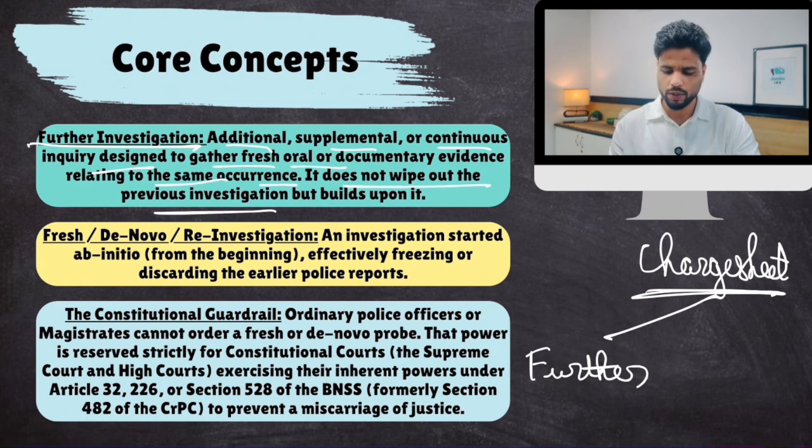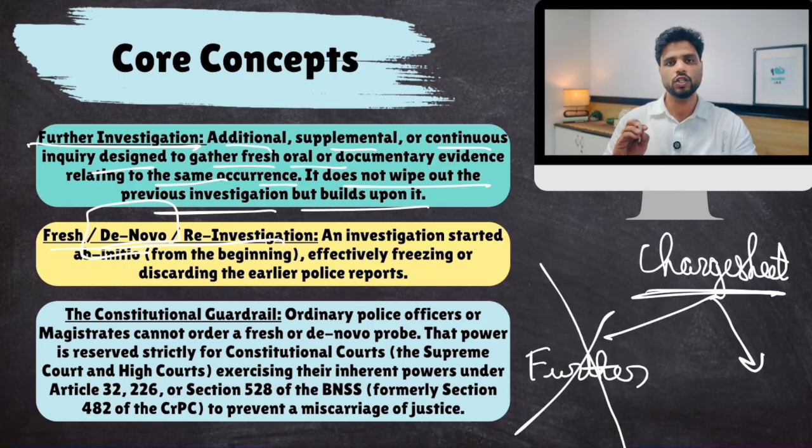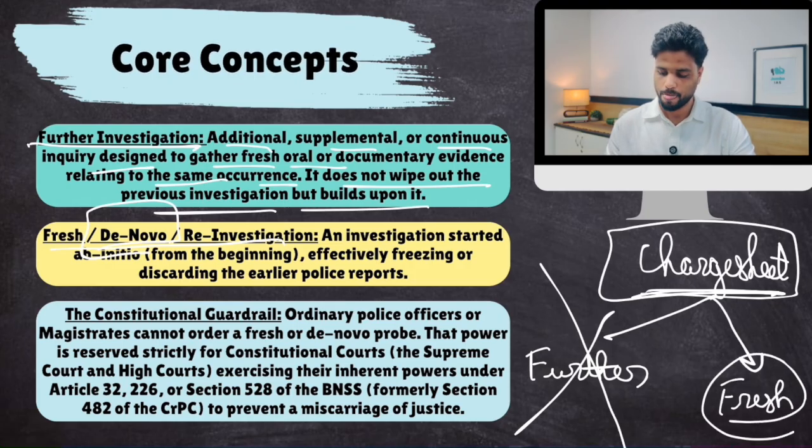It does not wipe out the previous investigation but builds upon it. The next is fresh investigation, re-investigation de novo. De novo means the police realizes that their previous investigation was not correct. We need to cancel the previous investigation and conduct a new investigation afresh. So this previous charge sheet also doesn't mean anything. This is what a fresh investigation is.